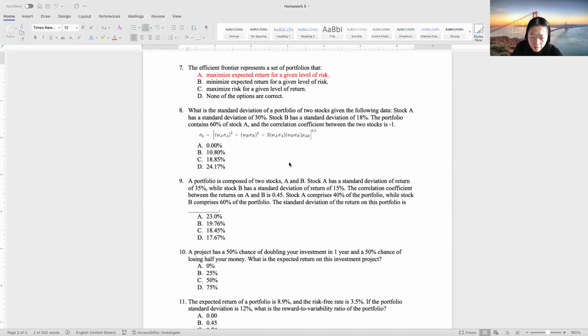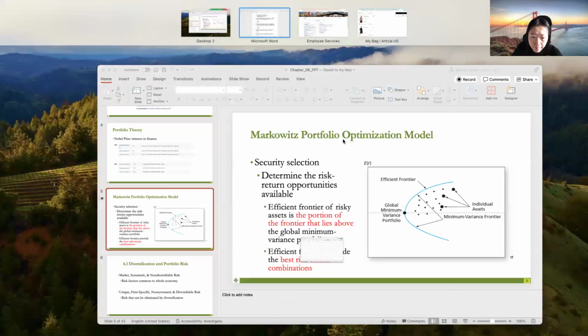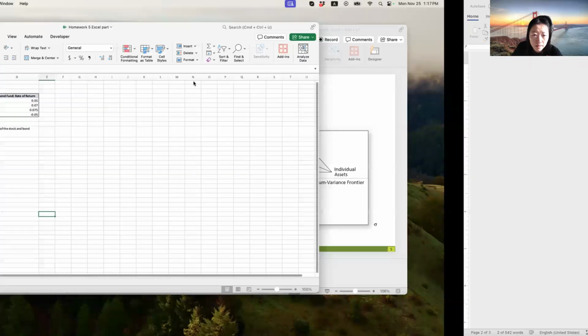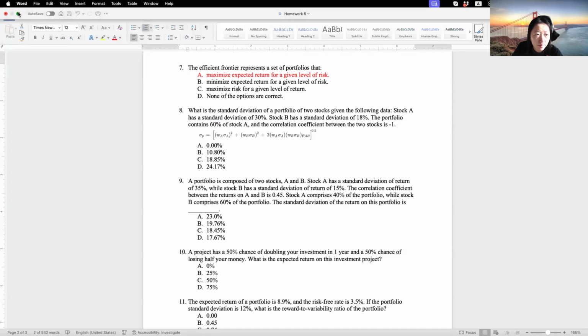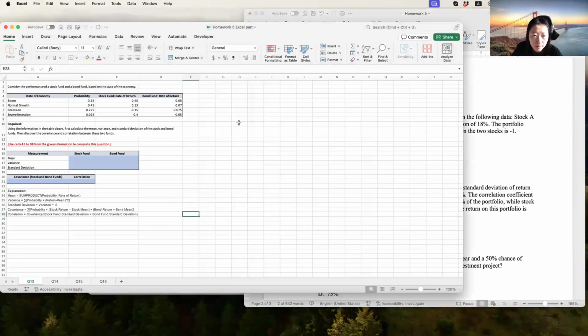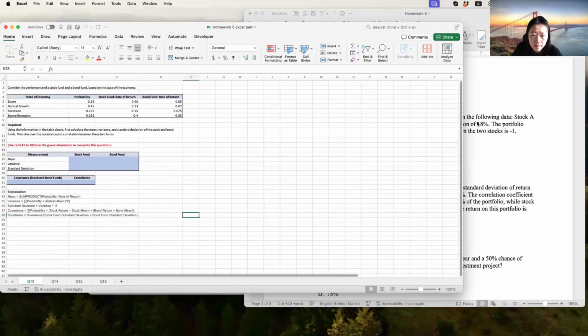I'm going to use Excel to calculate it. So, pulling up my Excel here, find a blank sheet.